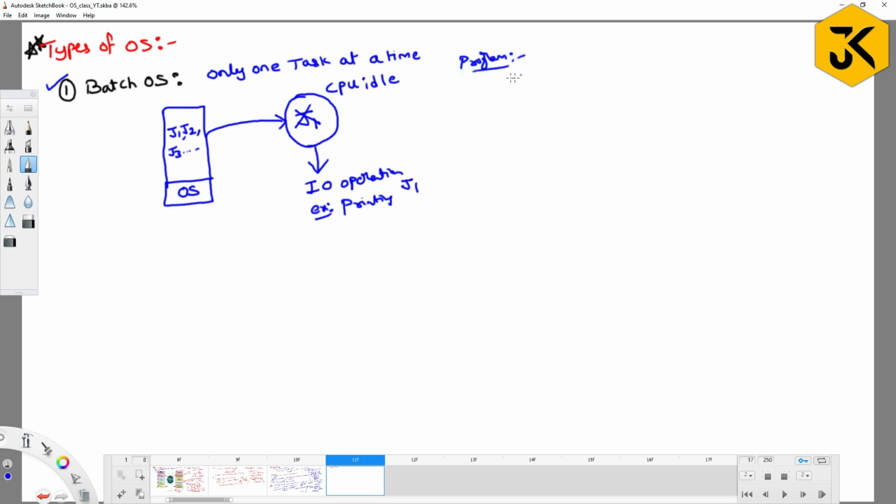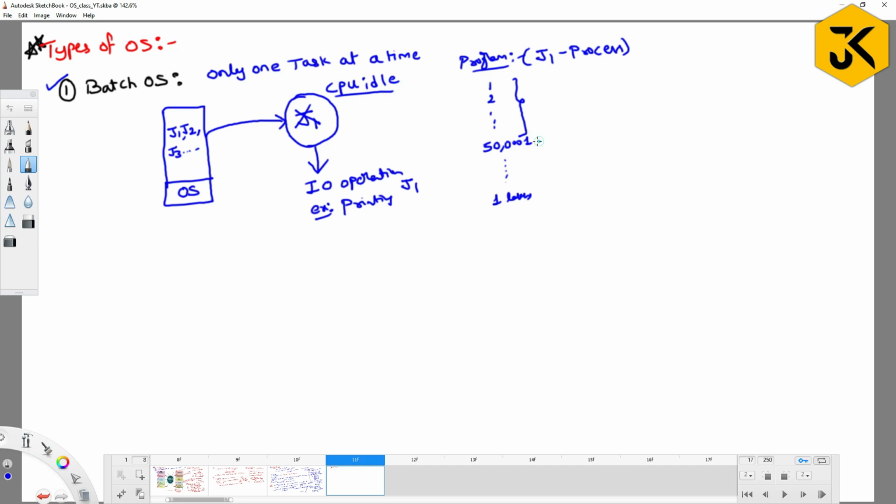which contains some 1 lakh lines of code, line number 1, line number 2 and so on, 50,000 one line and so on, 1 lakh lines of code. Assume that this program, if it is under CPU, we can call it a J1 process. It has done all these 50,000 lines of code at the CPU.